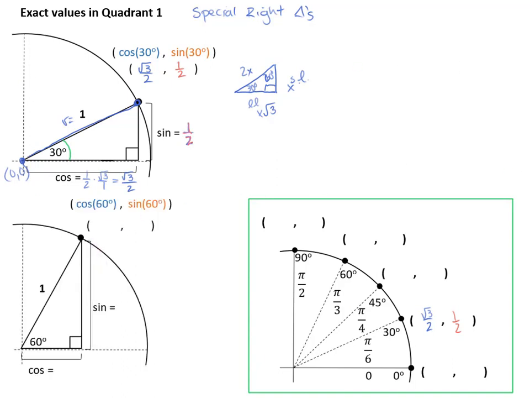What about 60 degrees? And in fact, this is really the 30, 60, 90 again, but x and y have essentially flipped, right? Now, if my hypotenuse is 1, the bottom cosine is the short leg, which is 1/2.